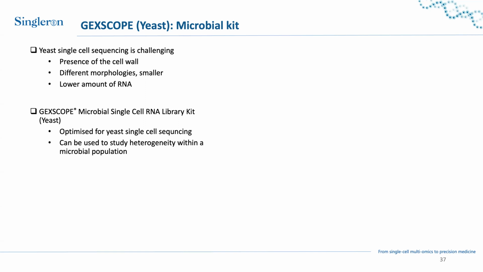They also have a lower amount of RNA, so a really efficient capturing of mRNA is also very important. So our GEXSCOPE microbial single-cell RNA library kit has been optimized for yeast single-cell sequencing and can be used to study heterogeneity within a microbial population.